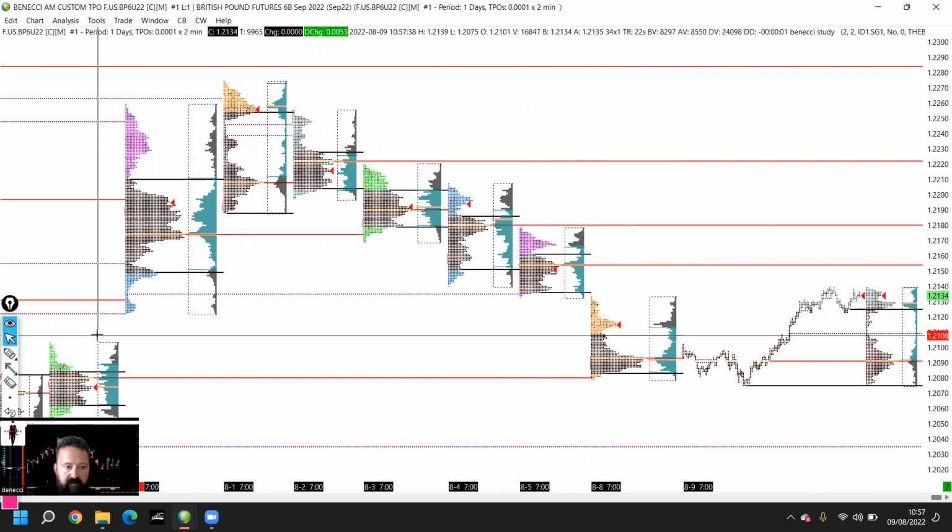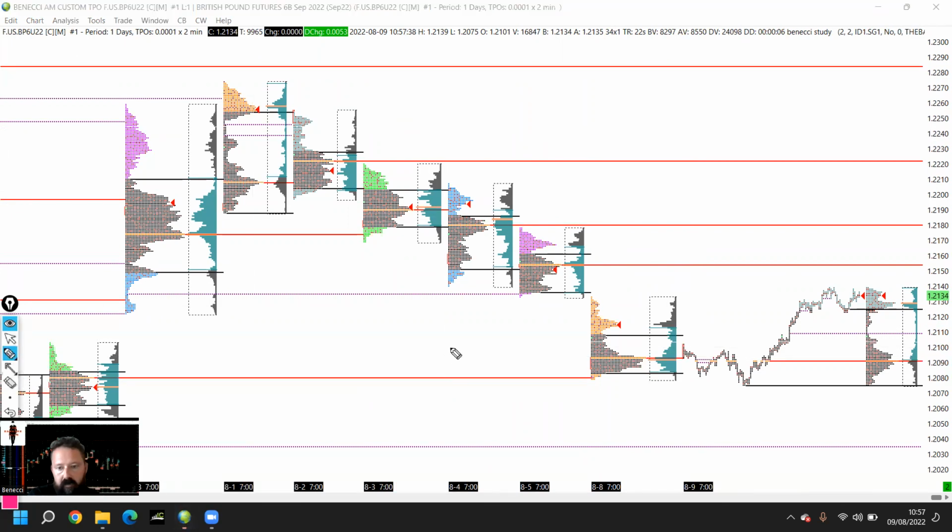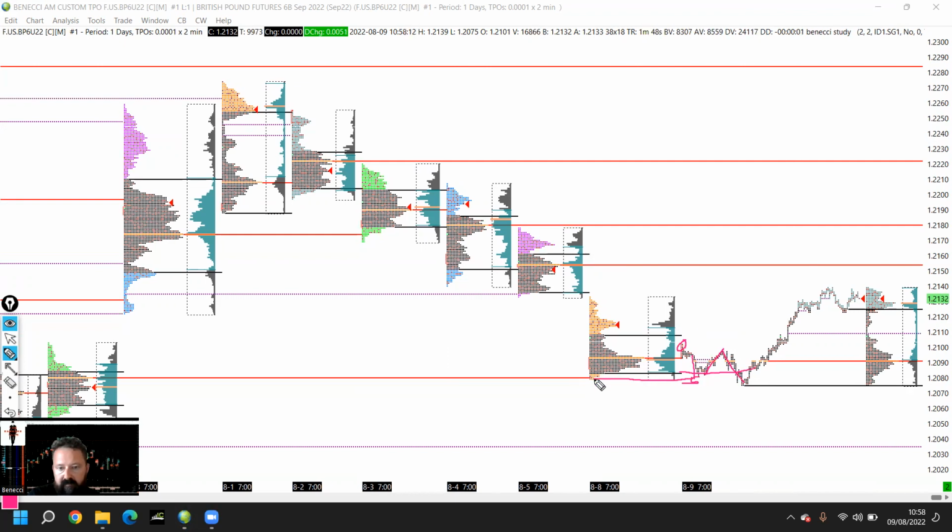So in this instance, we can see we opened at 7 a.m. here and we came down to this value area low, found some buyers. We could have got long for a few pips, okay? We then auctioned back down, took the liquidity that was lying below here, and by the looks of it, that was lying below yesterday's morning chart.